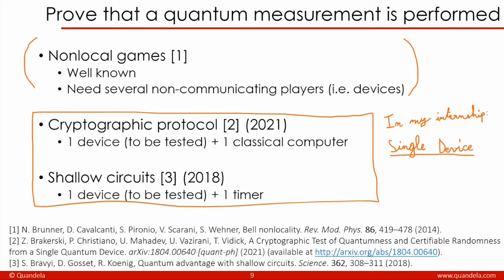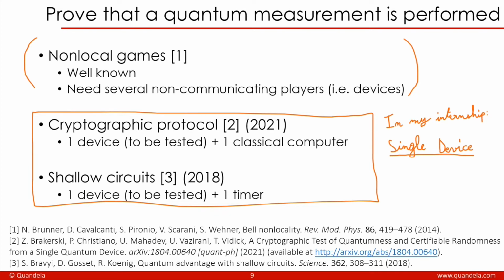So the goal of my internship is to study other ways which only use one device to produce this random data. And so these ideas are quite recent, 2021 and 2018, and are called shallow circuits and cryptographic protocols, with two reference papers which I've cited below.